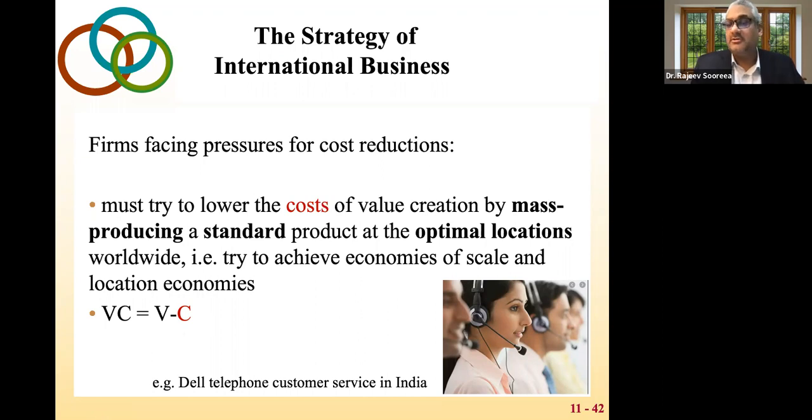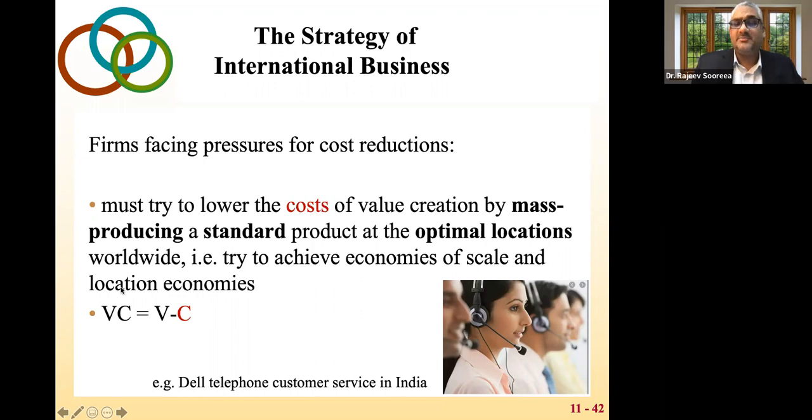And the optimal location is anywhere in the world where you can get economies of scale and reduce your cost per unit, to make your VC go up. The value created should go up. That is, you need to cut back on your C so that the VC, the value created, goes up.